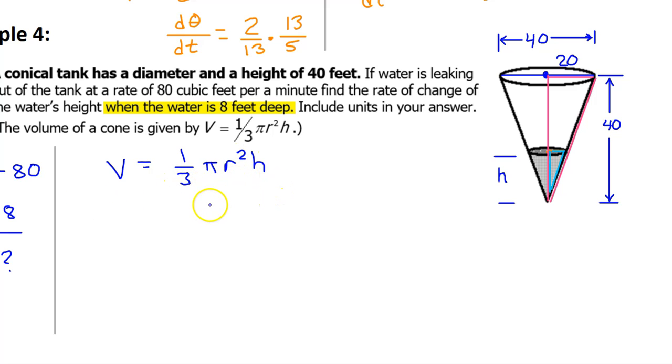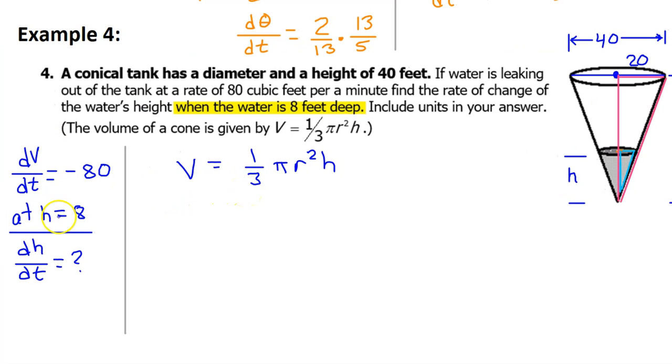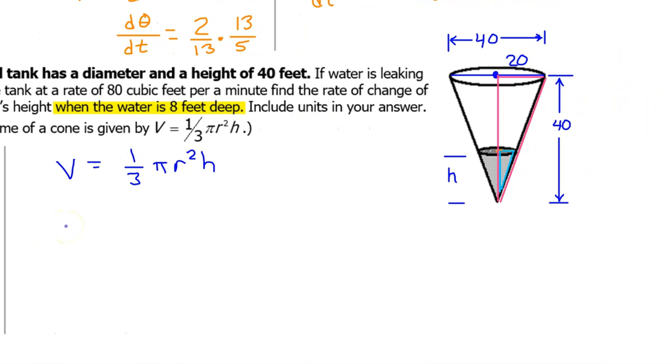And then when we take the derivative, it will be much simpler and we will have all of the things that we need. So how do we get this expression for r that involves h? When you see a shape inside of another shape, and this is common when you have water or whatever inside of a container, the water or whatever's in the container takes on a similar shape.